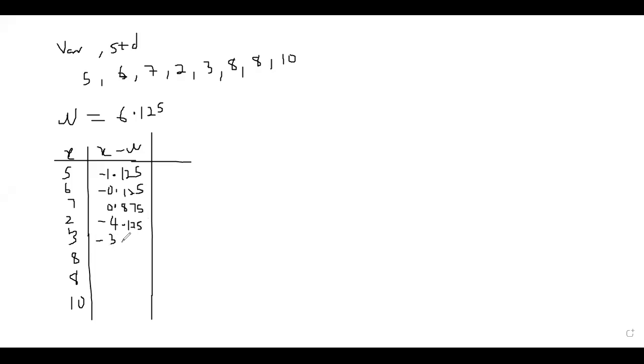Negative 2.125. Then 1.875, and it's the same thing for the other one, 1.875. Then 3.875.